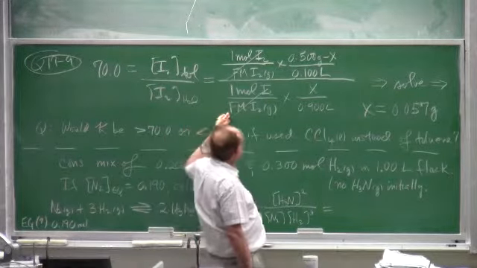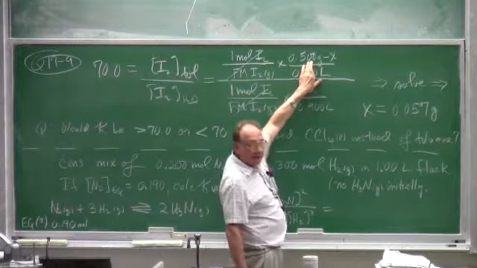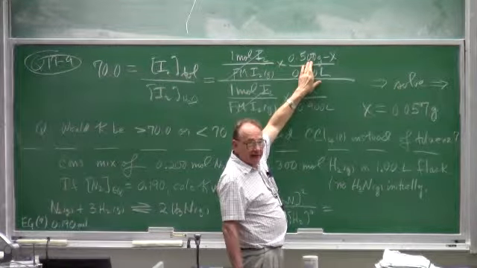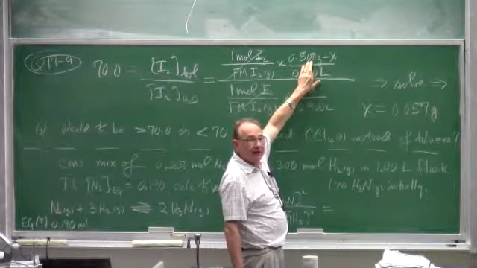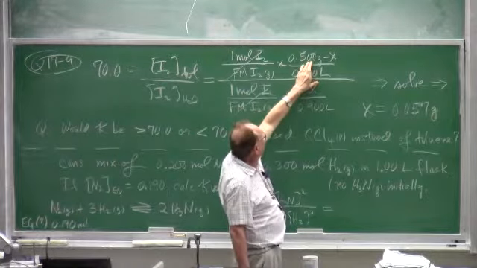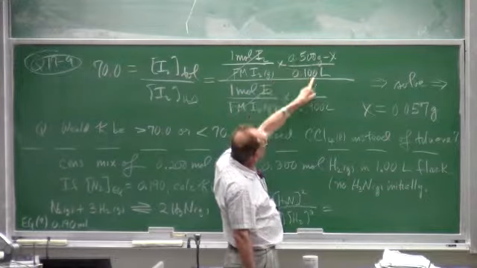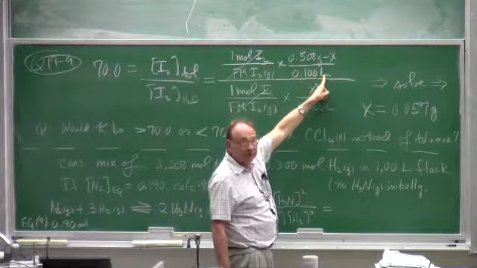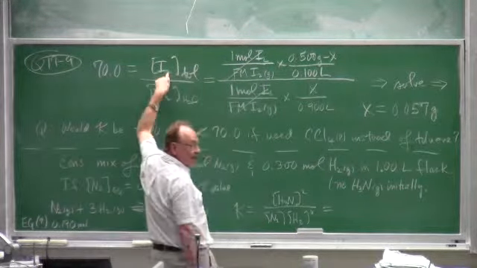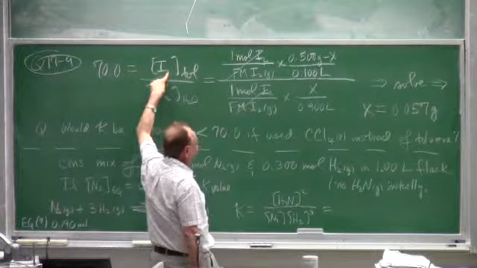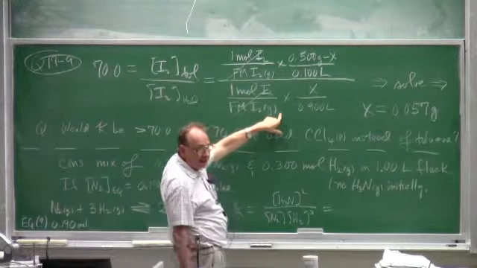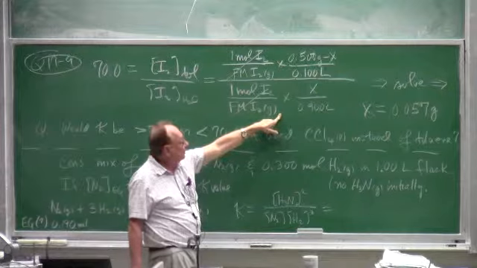But I realize if 0.500 grams minus X corresponds to mass of I2 in the toluene layer, then inverted formula mass times this quantity divided by the volume expressed in liters gives us molarity of I2 in toluene up top. The same applies to getting molarity of I2 in water down below.